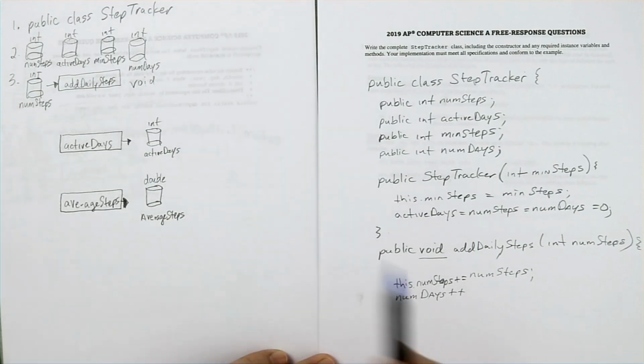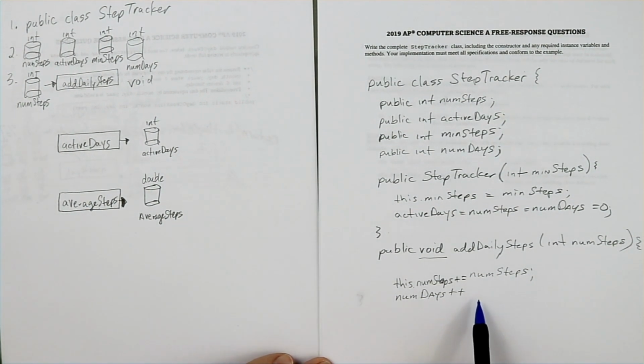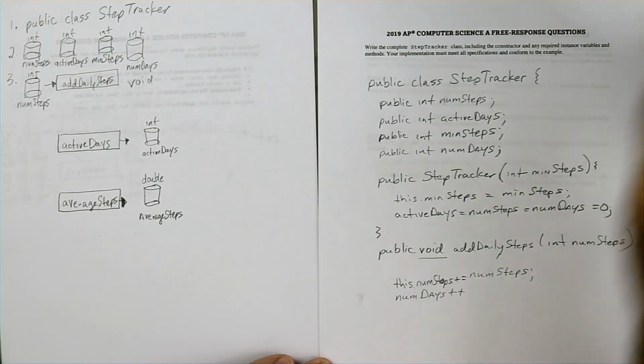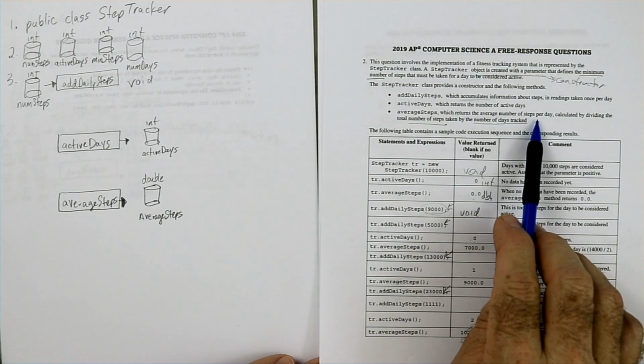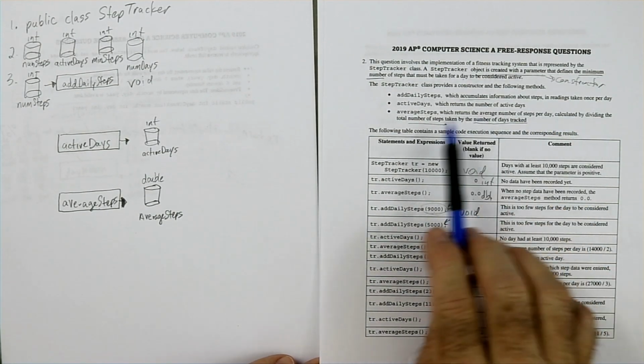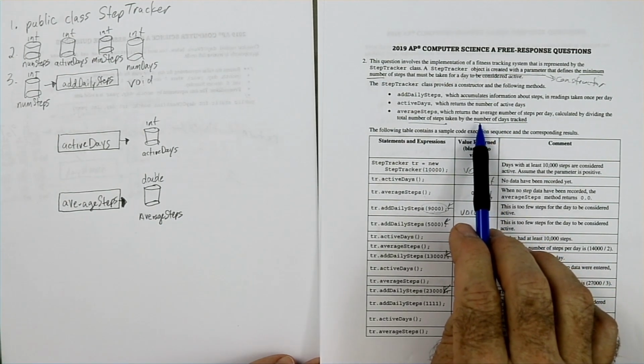The number of days, because we're going to need that for the calculation in averageSteps. But it did say numDays are only of the active days. So averageSteps returns the average number of steps per day, calculated by dividing the total number of steps taken by the number of days tracked.